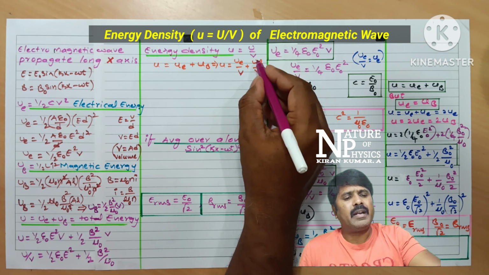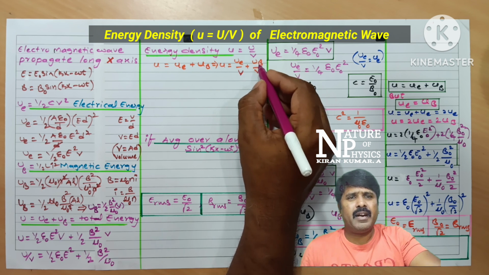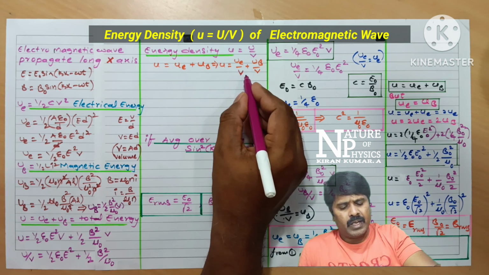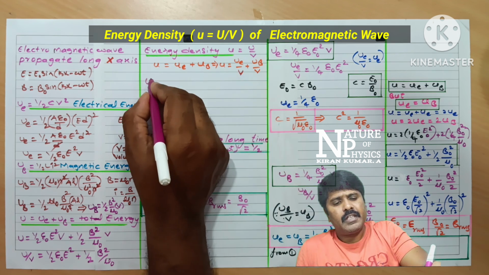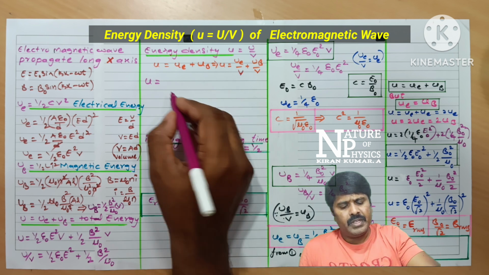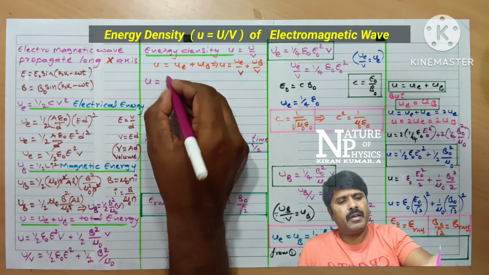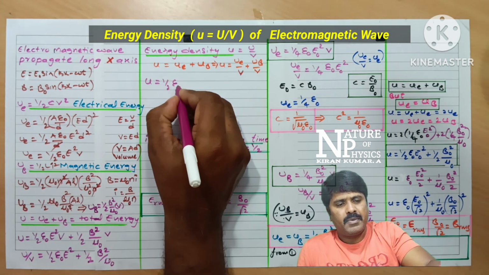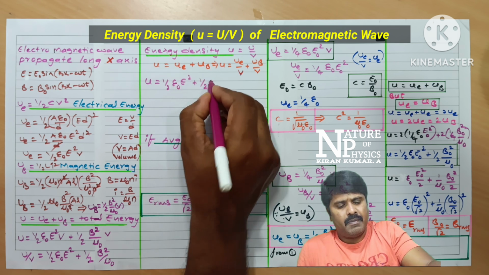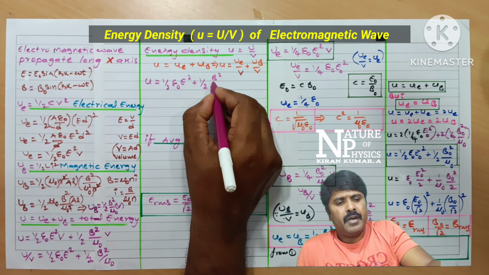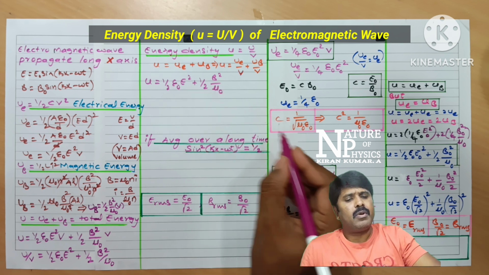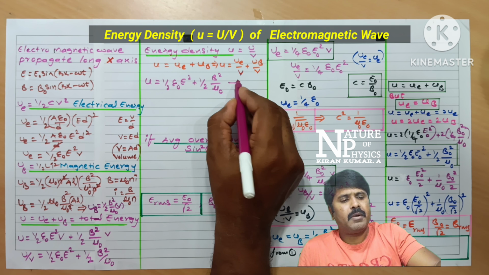Okay, so magnetic energy density is magnetic energy per unit volume, so the values are replaced here, that is small u is the total energy density, which is equal to half of epsilon naught E square plus half of B square divided by mu naught, student. Okay, so now I can write this as equation number 1.